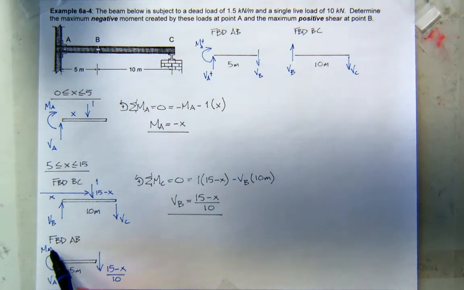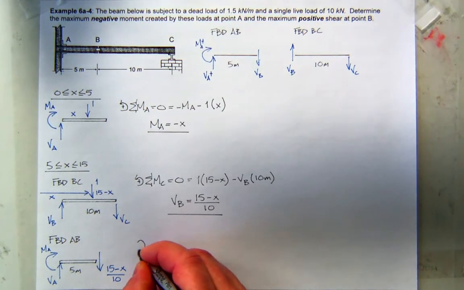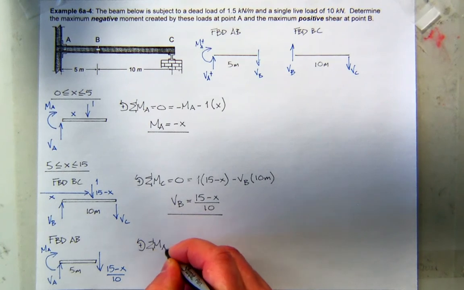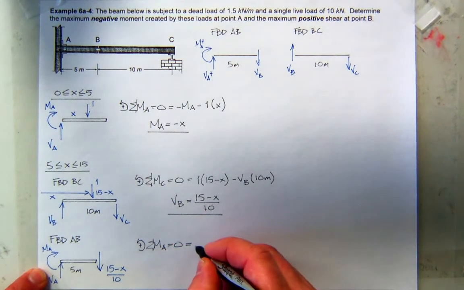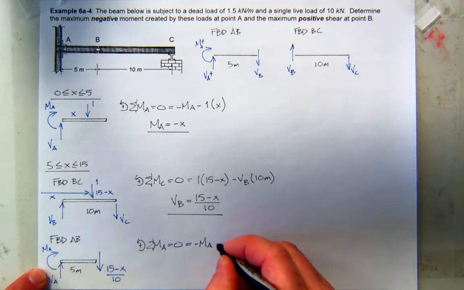Again, I'm just trying to find the moment at A, so I'm going to sum moments at A, just like we did up here. That means the shear at A doesn't create any moment, so that moment is still negative. This is also negative.